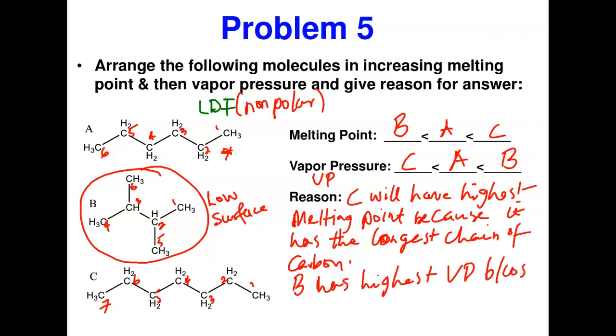Because it's the weakest. It has the weakest intermolecular force. The weakest intermolecular force will always have the highest vapor pressure.